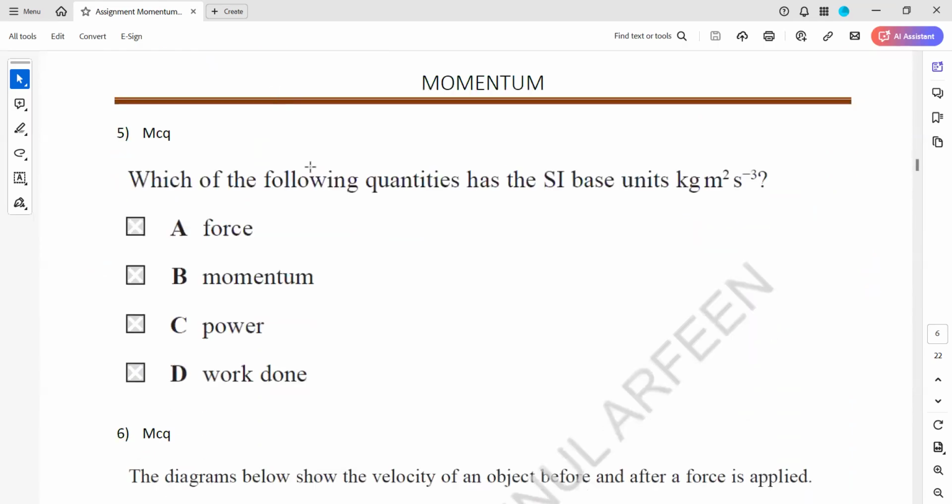Question 5. Use the chat to answer. And I want participation from everyone.